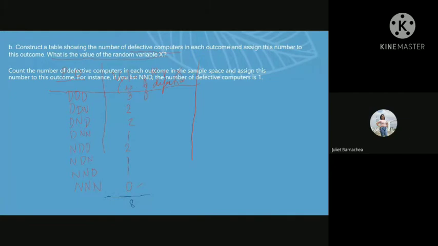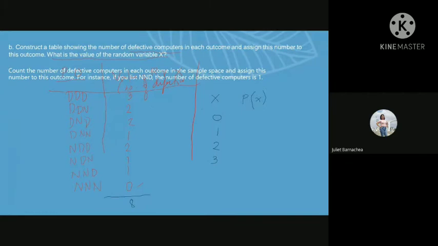We will now list down all the possible outcomes. X. Ano-ano yung mga yon? 0, 1, 2, and 3. And then, the probability of x. Take note na lahat yan ay 8.